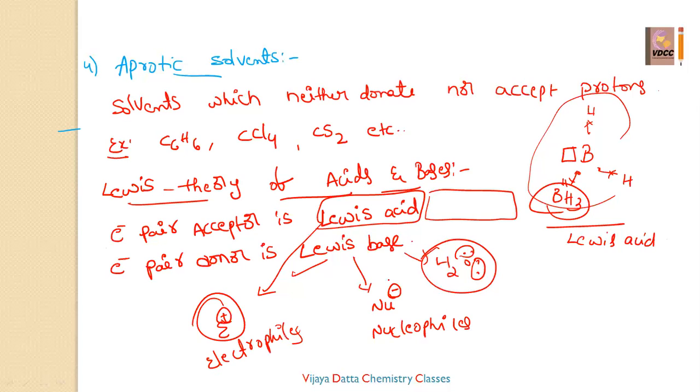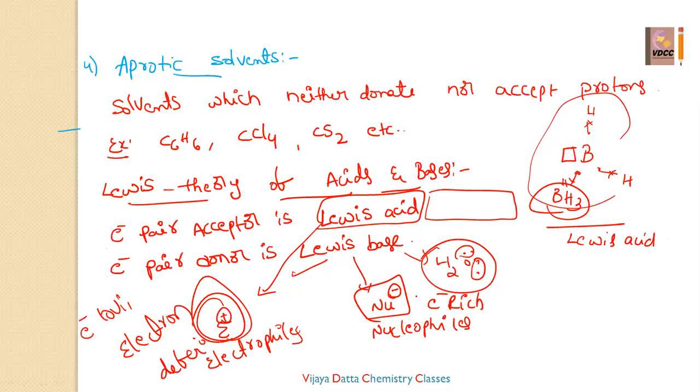Nucleophiles are called electron rich species. Electrophiles are called electron deficient species, and these are called electron loving. These are electron hating, otherwise we can also say nucleus loving. These are called nucleus loving species.